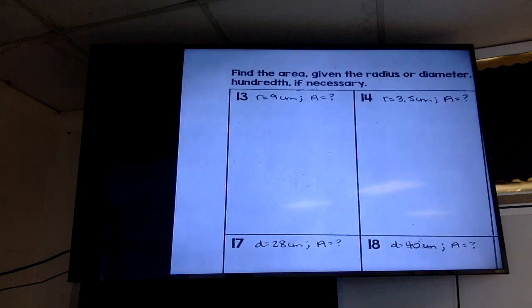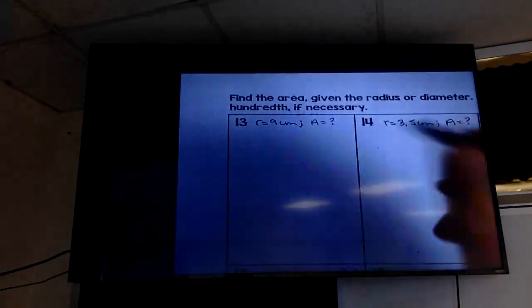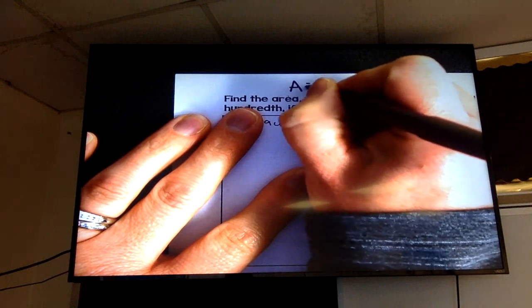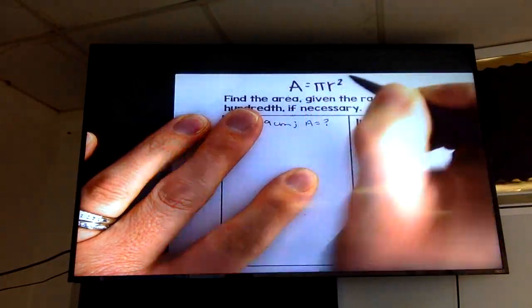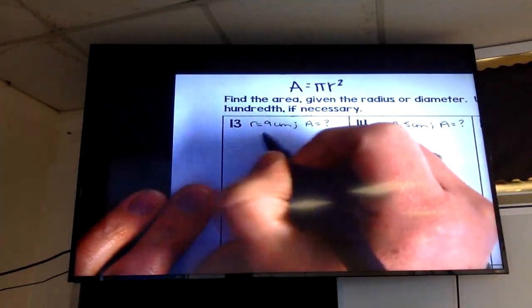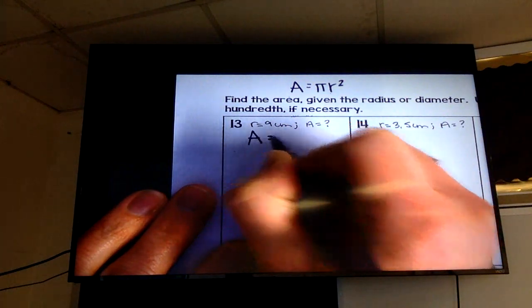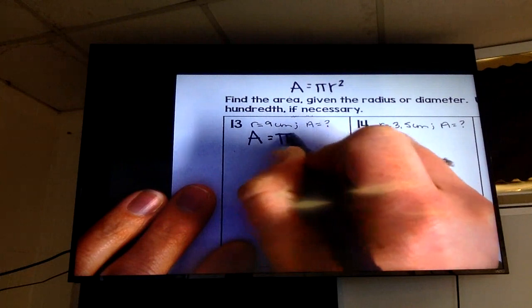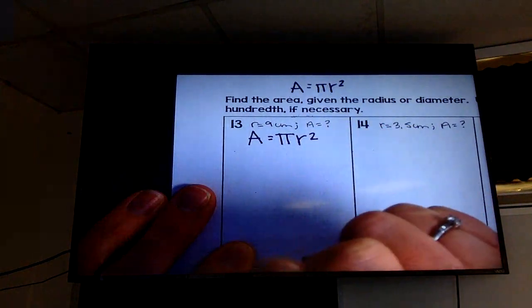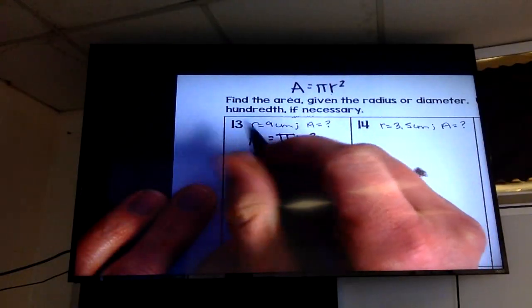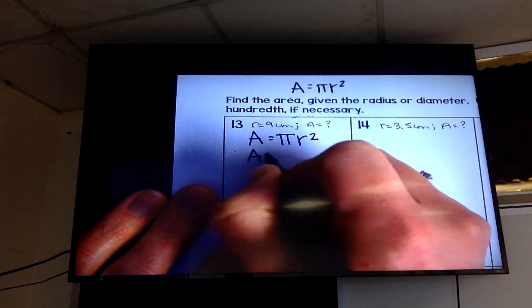The back side is all area questions. So now we're going to use our formula, area equals pi r squared. So for number 13, it says find the area when we know the radius is 9. So I'm going to start off by writing down my formula, and I substitute in what I know. I don't know the area.